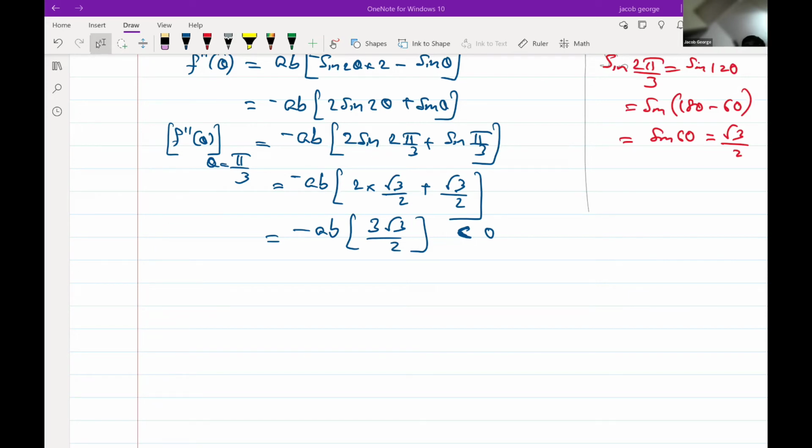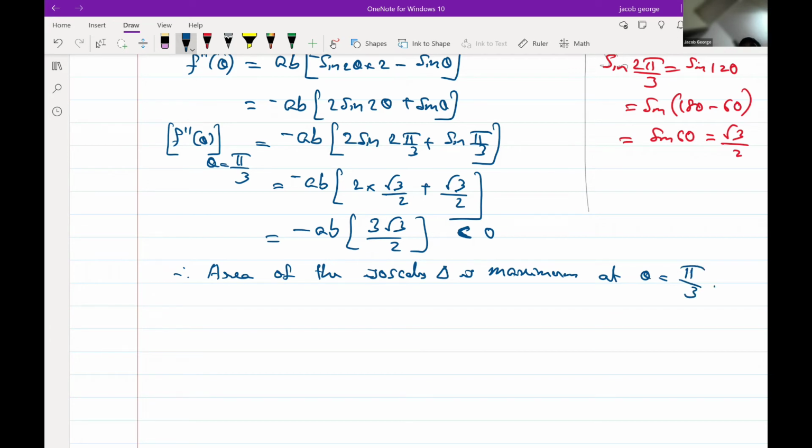Yes, did you write the conclusion? Area of the isosceles triangle is maximum at theta is equal to pi by 3.